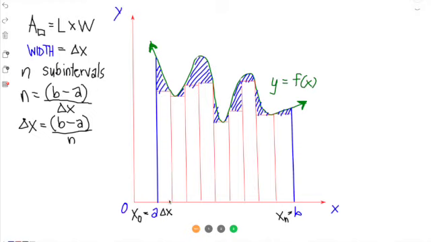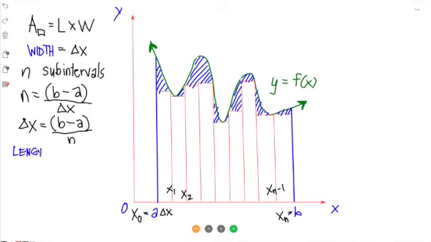In between them you have x sub 1, x sub 2, and so on, until x sub n minus 1. So we have x1, x2, x3, and so on.